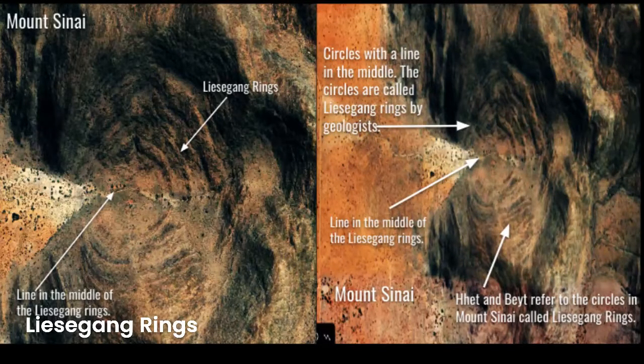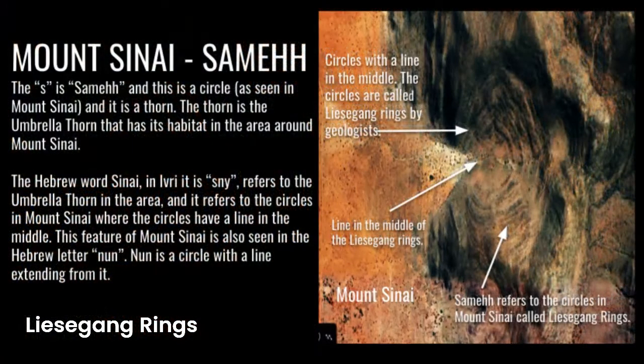And these circles have a line in the middle. The circles in the rock of Mount Sinai are called the Liesegang rings. Geologists call them Liesegang rings. These Liesegang rings are large rings in the mountain, and there are several of them.